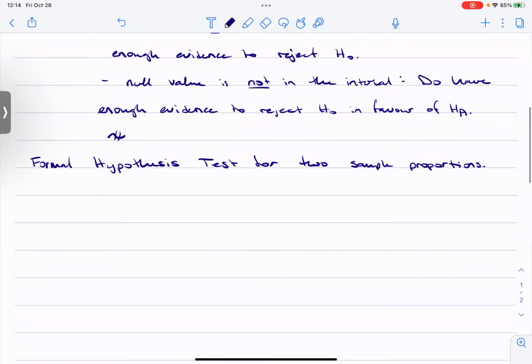And so our null hypothesis, I'll start with the one that I prefer to look at. P1 is equal to P2, or on the other side here, these are equivalent, right? P1 minus P2 is equal to 0. As long as you're able to use these interchangeably, it's okay if you have a favorite. But just recognize that these are the same.